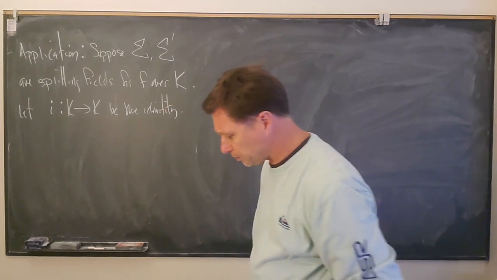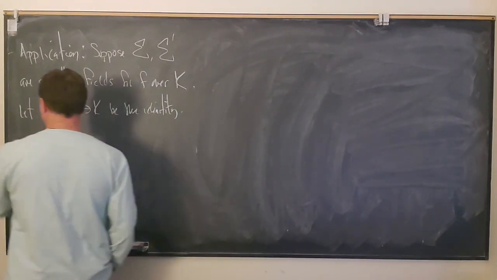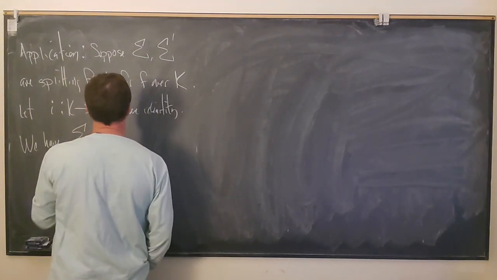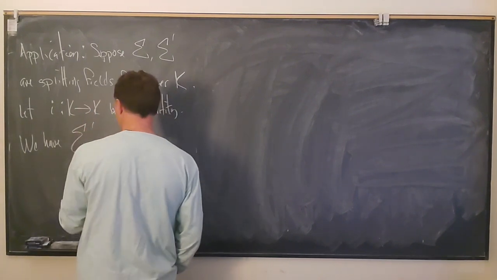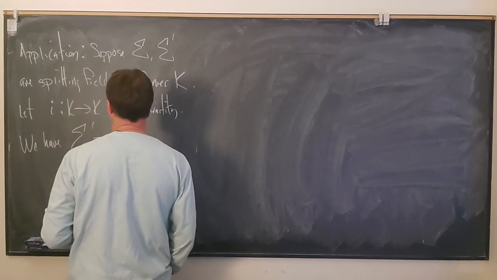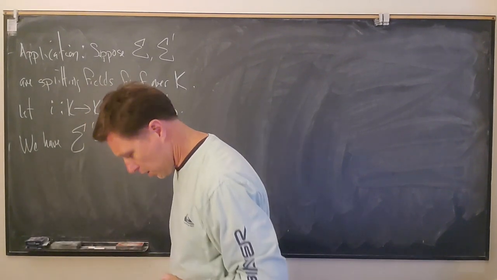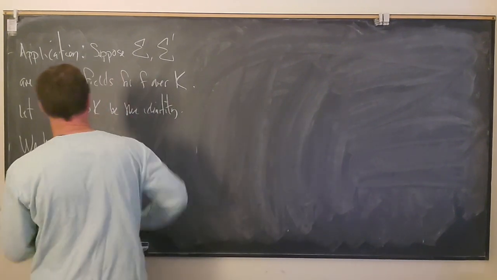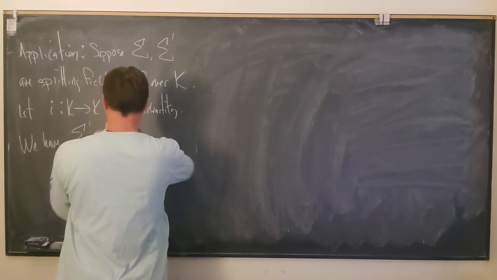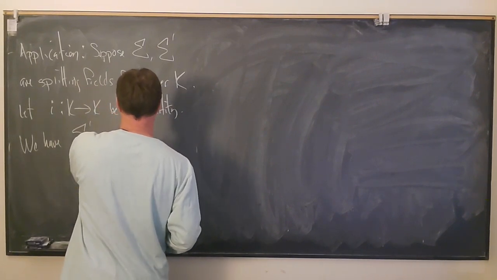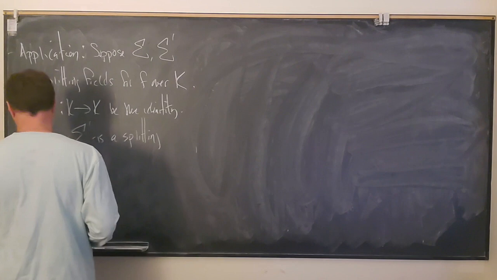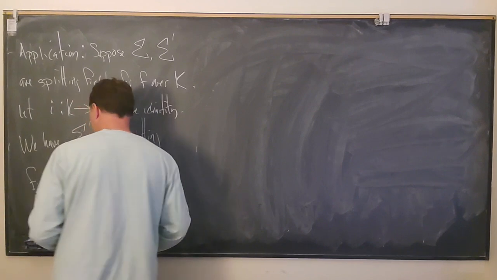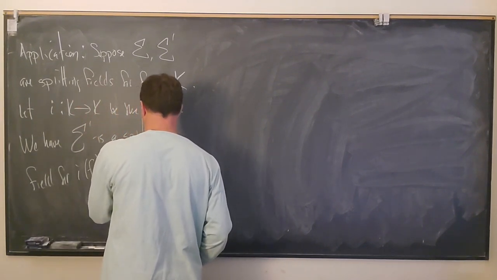So then we have that sigma prime is a splitting field for I of f, but I is the identity mapping, so that's just f over k.